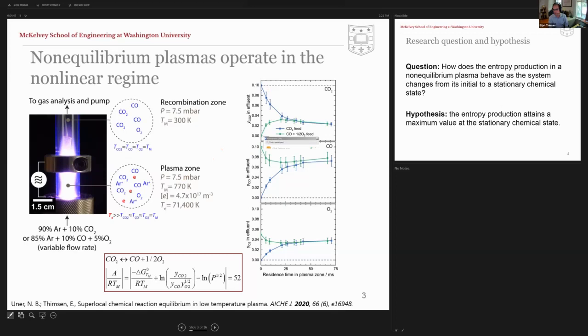And both of these different initial configurations approach the same stationary state for long times in the plasma, and that stationary state is very different from the local equilibrium state at this background temperature and pressure. And so you can calculate a reaction affinity for that stationary state, and it turns out to be about 50 times higher than the thermal energy based on the background gas. And so clearly this chemical reaction is operating in the nonlinear regime.